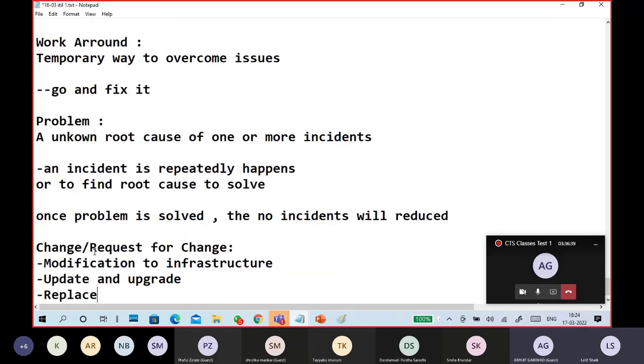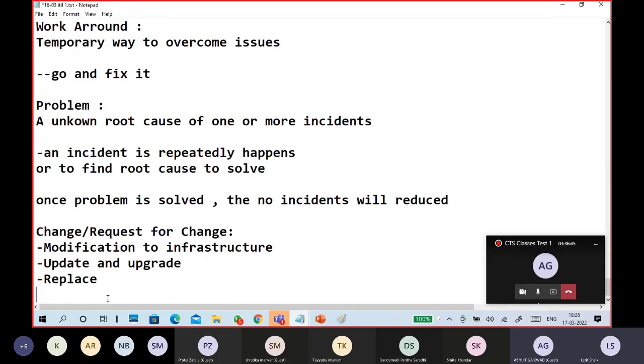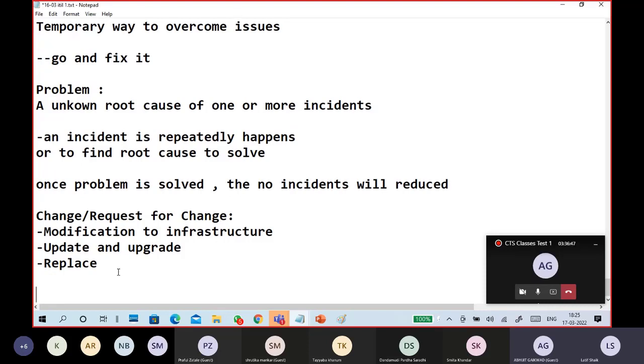Okay, so change request. It is like you have a laptop and you want to upgrade it for a RAM extension or a processor extension, or maybe your Windows 10 to Windows 11 upgrade. These all come under changes.